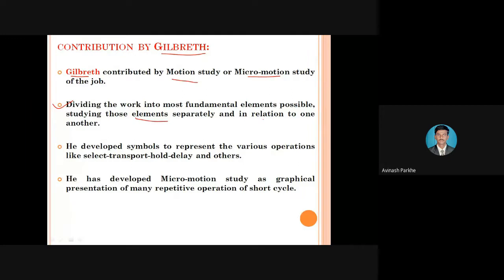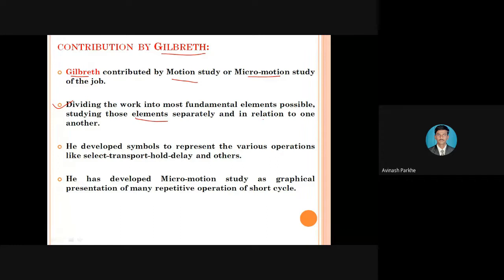Therefore, as per Gilbert's contribution, what is the requirement? Whatever your total work is, we have to divide that total work into a number of elements, carry out the analysis of each and every element separately, and at the end, once the analysis is over, we have to give the relation between them.